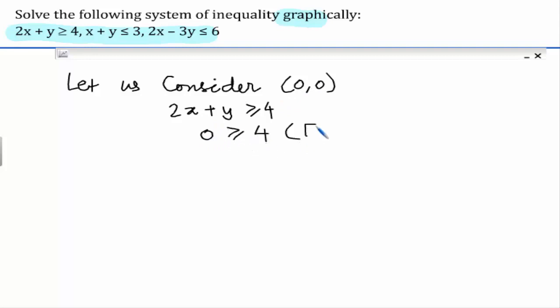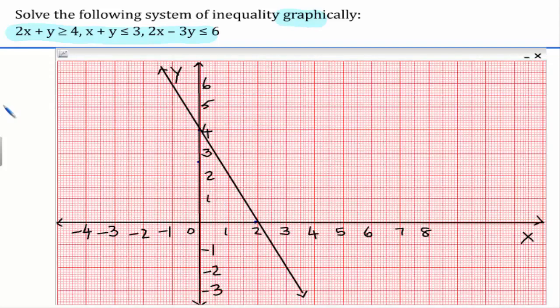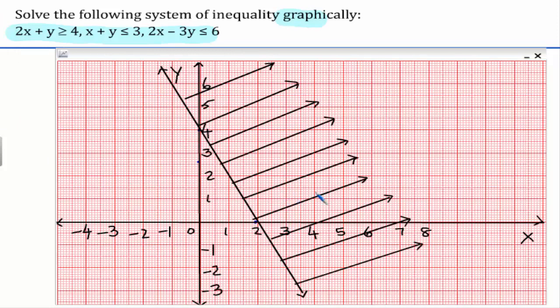This is a false statement. So that means the origin is not in the region. So we need to draw the lines opposite to the origin like this. Now these lines will represent the solution of the inequality 2x plus y greater than or equal to 4.